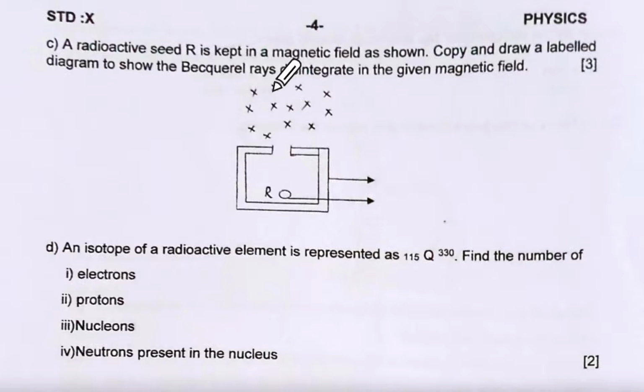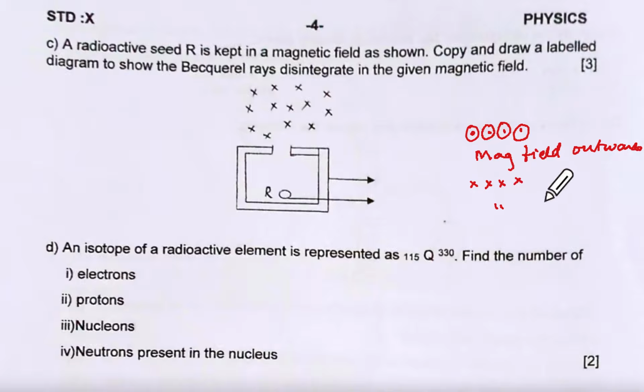So remember, this means it is inwards. Make a note of it. If the magnetic field is shown this way, this is magnetic field outwards. Okay, and make a note of it. If it is this, then it will be magnetic field inwards.